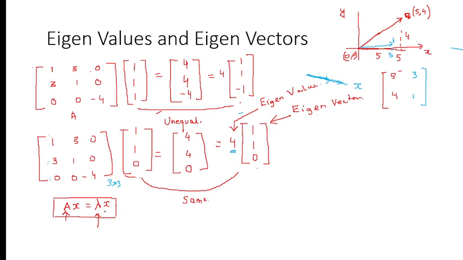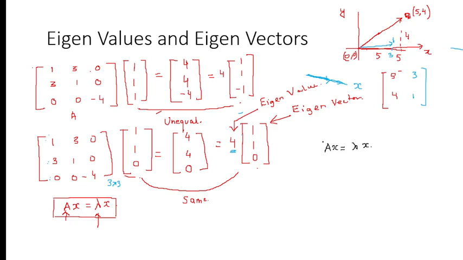So this is the equation for the eigenvector. If you want to get the eigenvalues and eigenvector, how can you do that? From the equation Ax equal to lambda x, lambda is a scalar quantity. If you want to convert it into a vector quantity, we multiply it with the identity matrix.